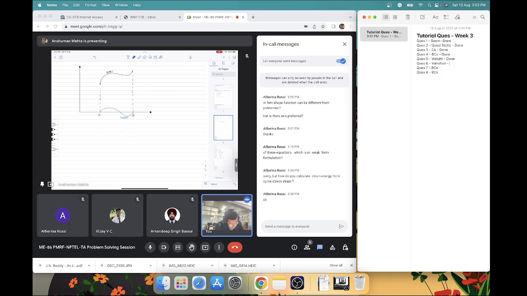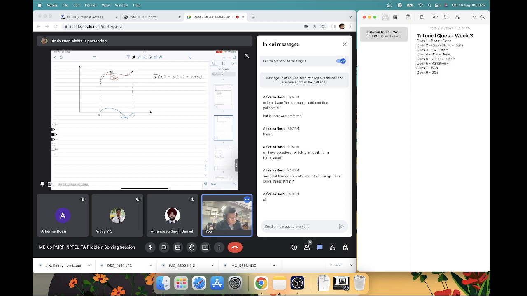The combination of this is something like this, which I am calling u dash x. So u dash of x is equal to u of x plus w of x.